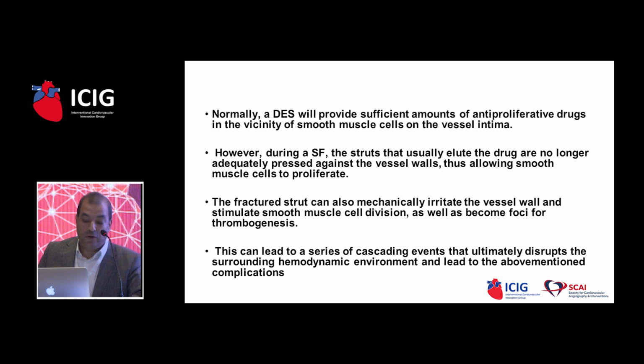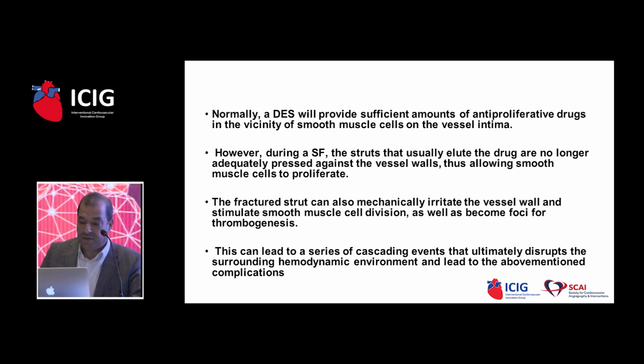However, during strut fracture, the drugs are no longer adequately pressed against the vessel wall. This allows smooth muscle cells to proliferate, and the fractured strut can also mechanically irritate the vessel wall and stimulate smooth muscle cell division, as well as become a focus for thrombogenesis. This can lead, unfortunately, to a cascade of events that end up with hemodynamic problems and complications.